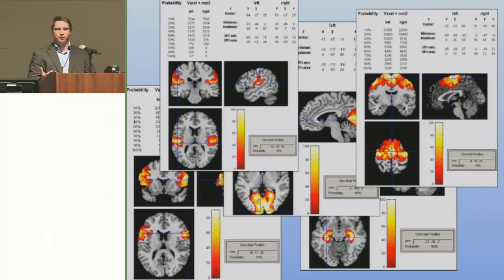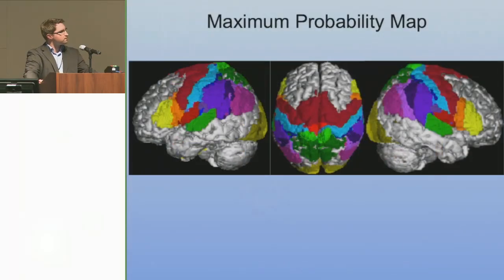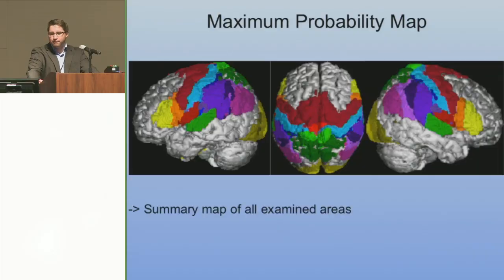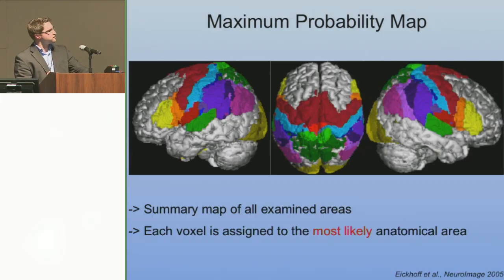You're expecting somewhat more of an atlas where you have borders between areas. So what we need is some form of a summary map that integrates all of this information. And we compute that quite straightforwardly by what is called the maximum probability map. The maximum probability map is a summary map of all examined areas, and each voxel is assigned to the most likely anatomical area at that position.